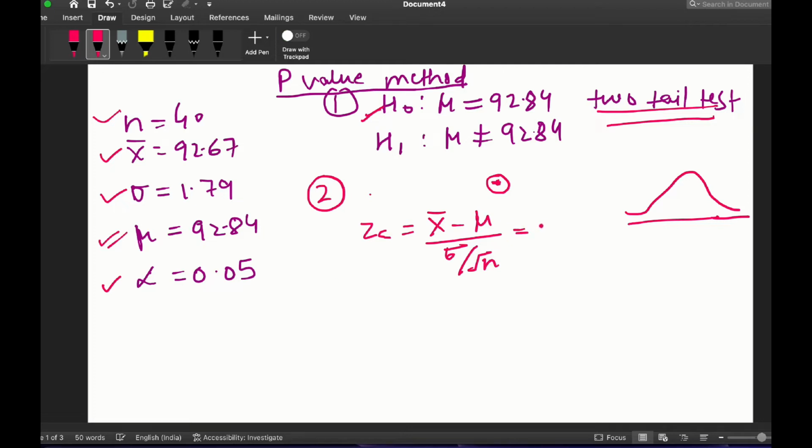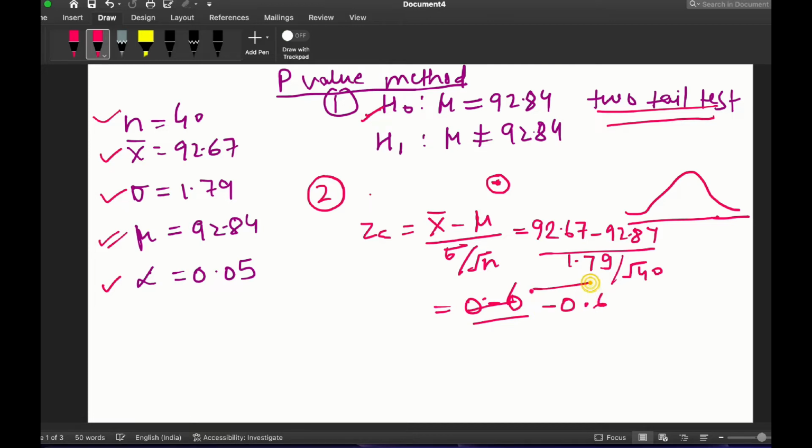We will put in the values: 92.67 minus 92.84 divided by sigma, 1.79, divided by under root 40. If you calculate, you will get minus 0.6. So you will get 0.6, and this is the negative value. No need to remember anything, just remember this formula.